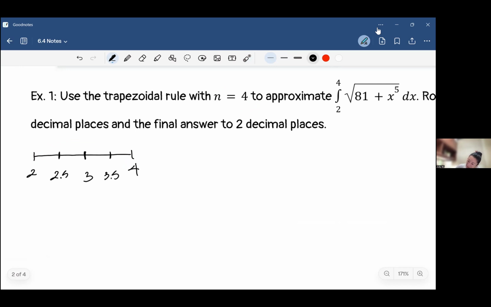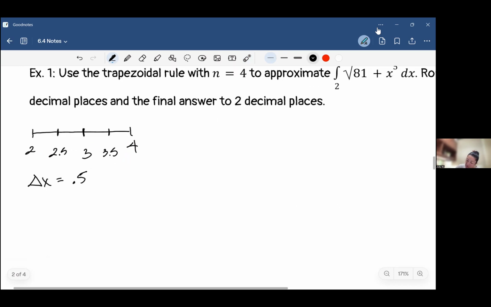And this means that each of these, this is what we call our delta x, is going to be 0.5, okay?